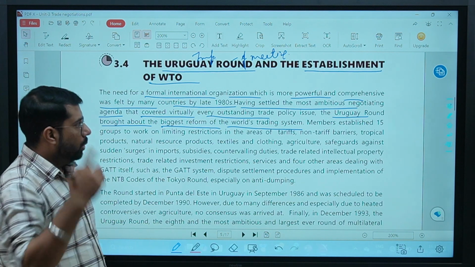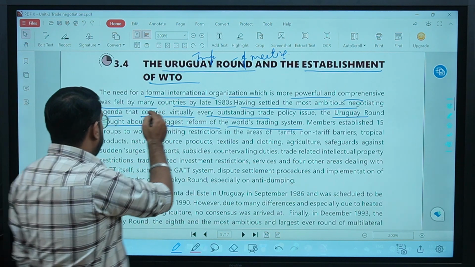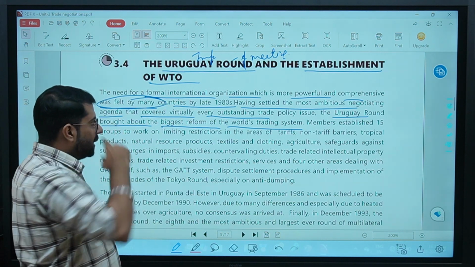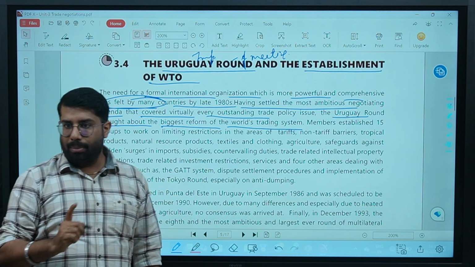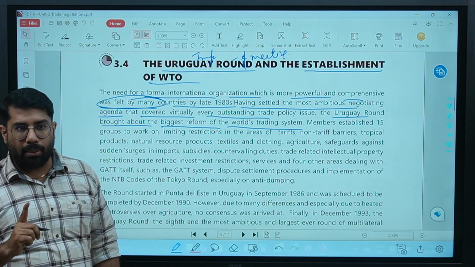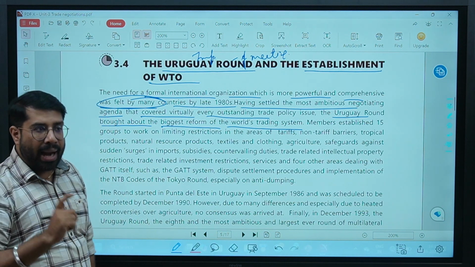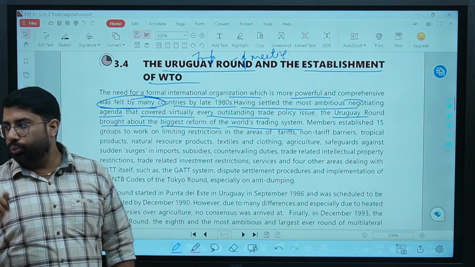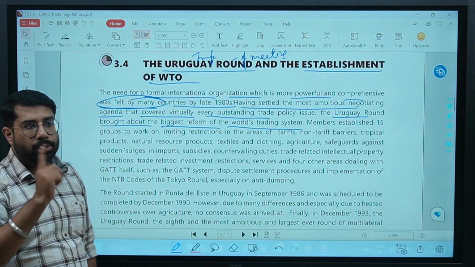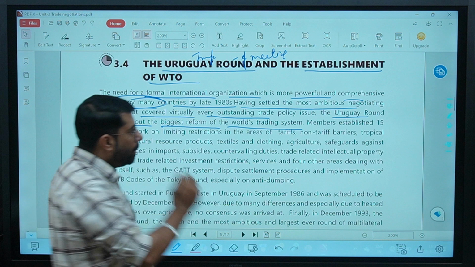After this view of many countries, in Uruguay, meetings were conducted by all the member countries of GATT and they decided something which shook the world trading system. What happened?